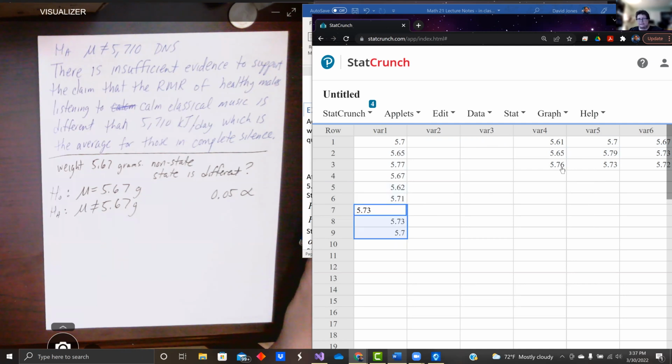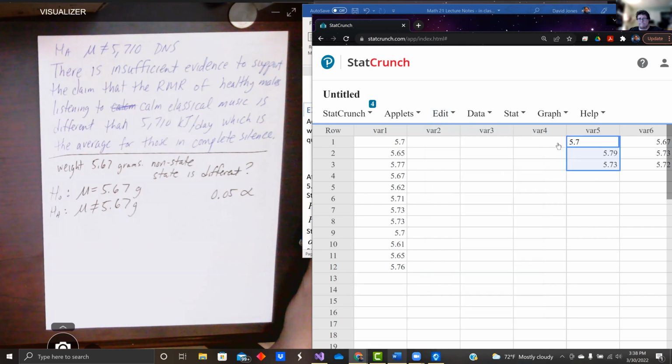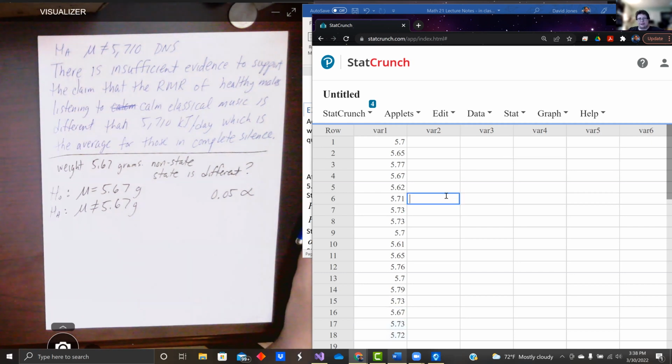That's not too bad. All right, so we got our 18 state quarters in there.